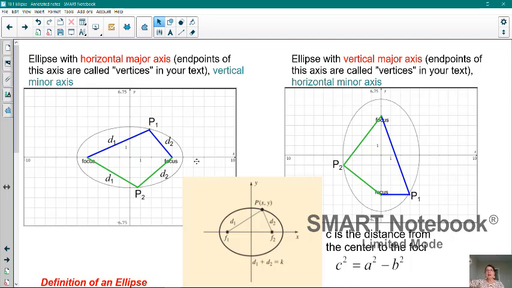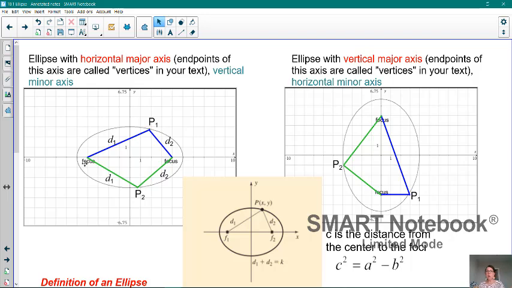And when I got done, keeping the string stretched the whole time, what I would have would be an ellipse. Those places where people would have their fingers on the board holding the ends of the string are the foci of the ellipse. So inside of an ellipse, you have 2 points called foci.